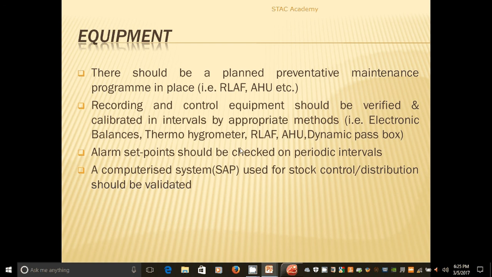Equipment like electronic balances, thermohygrometer, RLF, AHU, dynamic pass box should be verified or calibrated. Alarm set points should be checked at periodic intervals. A computerized system used for stock control or distribution should be validated.